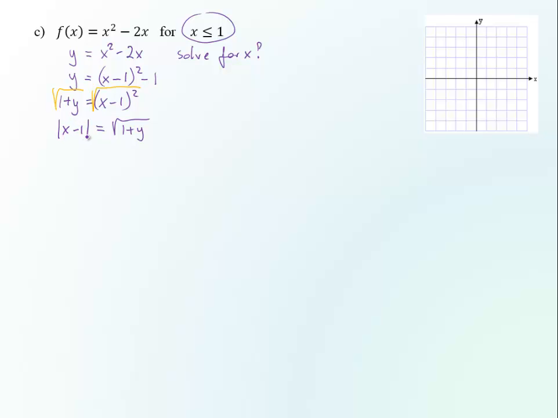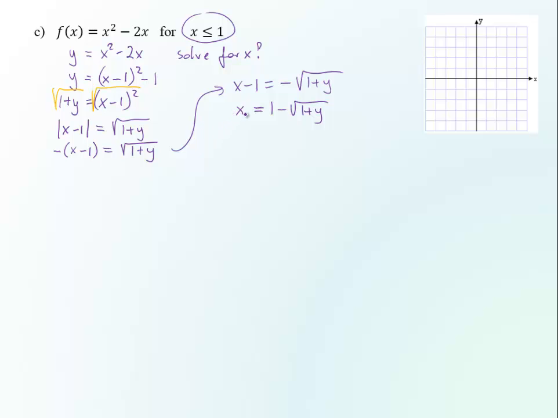To drop the absolute value, I need to use the opposite of the expression: minus (x minus 1) equals the root of 1 plus y. So now to solve for x, let's bring the minus to the other side. So it's actually negative root of 1 plus y, and then add 1. So it's 1 minus root of 1 plus y. Good.